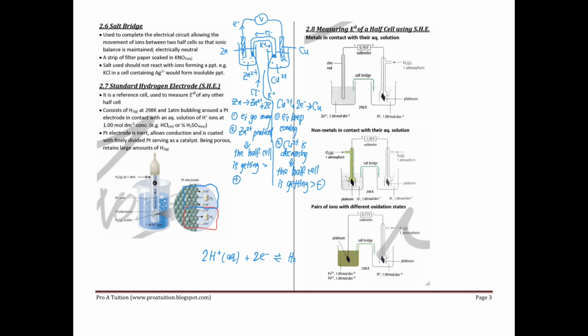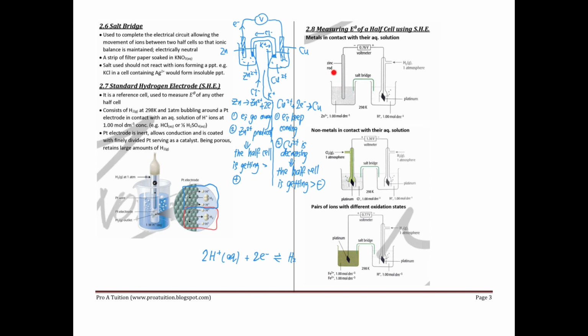Standard hydrogen electrode. Now this one we also discussed already. When I said you want to measure E theta, you have to connect it to SHE. So now we just go through it as a revision. These three diagrams are trying to tell us how to draw it out.